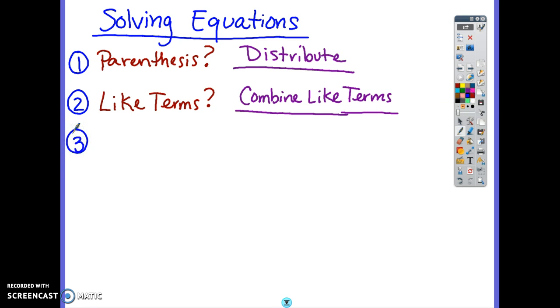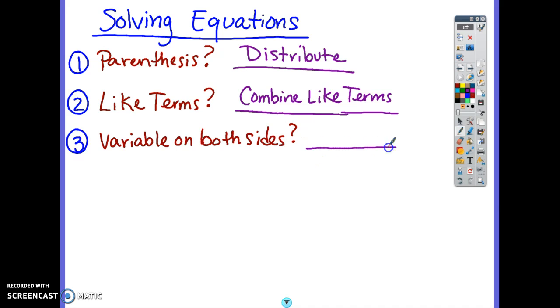Do you have the variable on both sides? Do you see your x or your y on both sides of the equation? Variable on both sides. Okay? And if so, you can't have that. The variable has to be on one side by itself. Okay? So you have to move one of them.